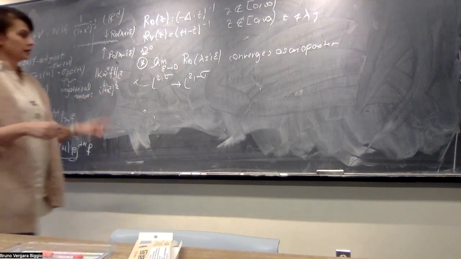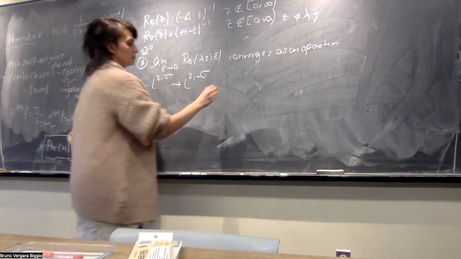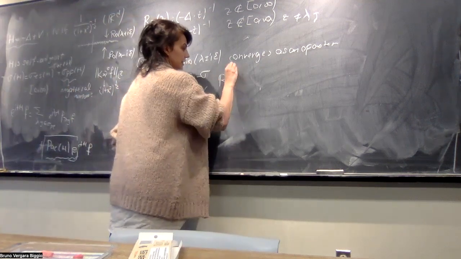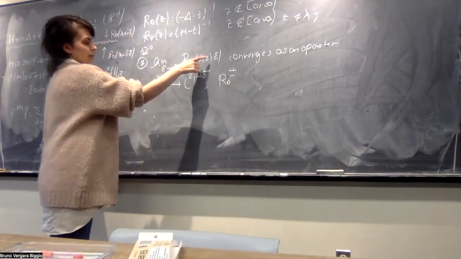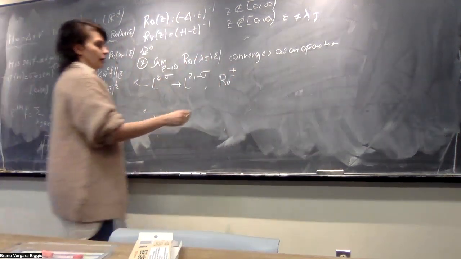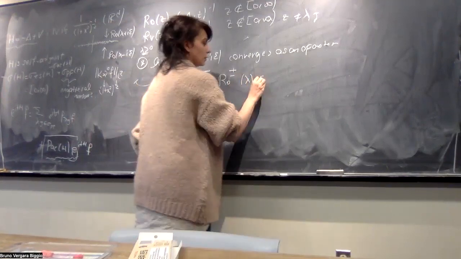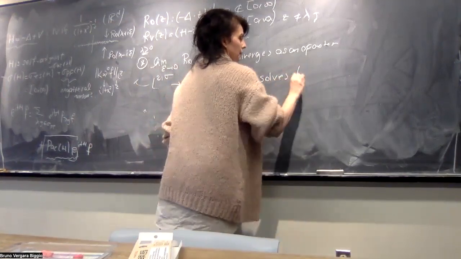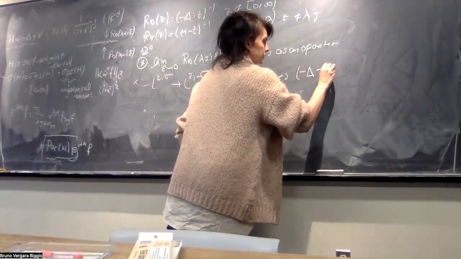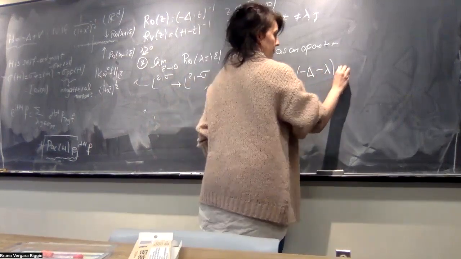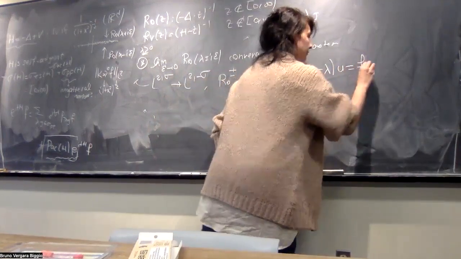And in fact, the limit operator, as plus and minus epsilon go to 0, solves minus Laplacian minus lambda u equal f.